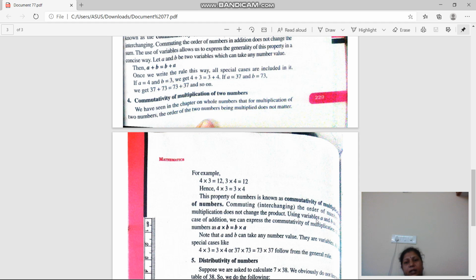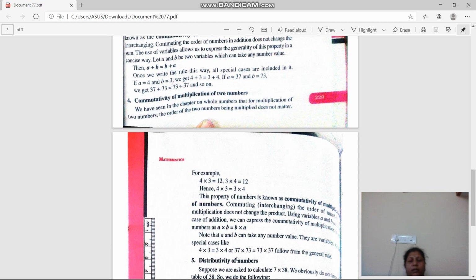Using variables a and b, in such cases, we can express the commutative property of multiplication of numbers as a multiplied by b is equal to b multiplied by a. Note that a and b can take any number value. They are variables. See here, 4 into 3 is equal to 3 into 4.